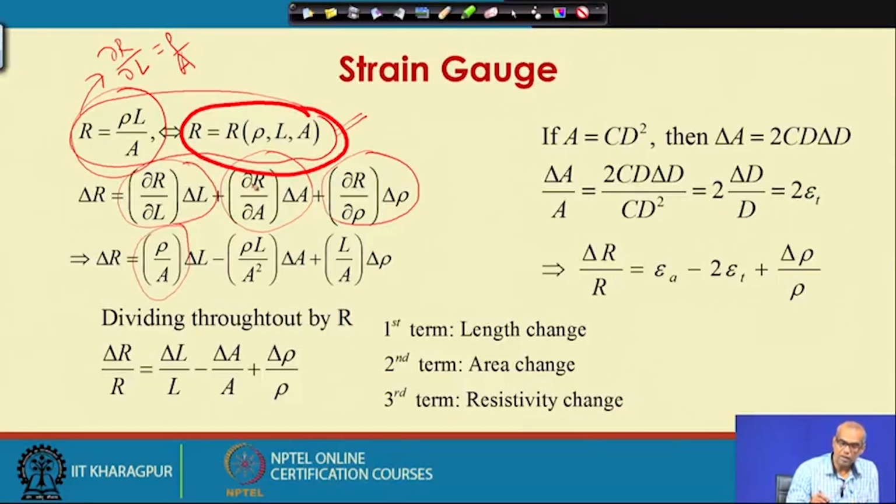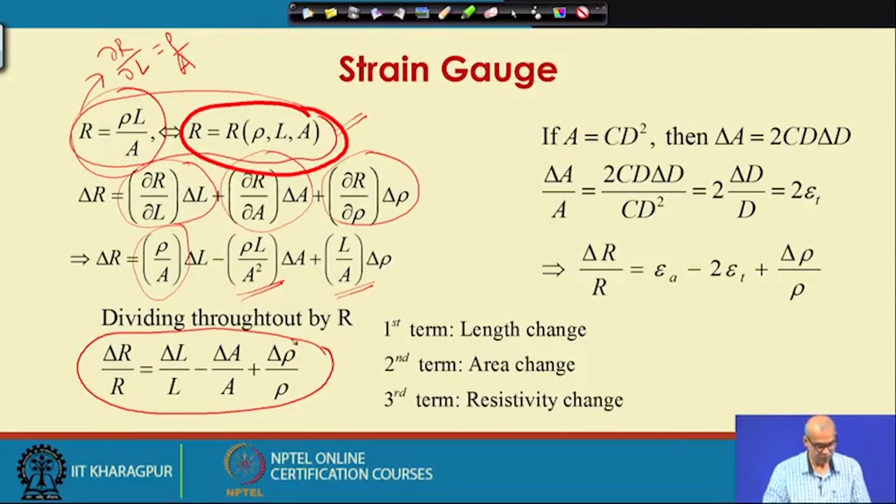Similarly, you find out delta R by delta A as this and delta R by delta rho as L by A. Now, divide this equation throughout by R, you will get this equation, which on the left hand side is delta R by R, which is fractional change in resistance, that is equal to delta L by L minus delta A by A plus delta rho by rho.